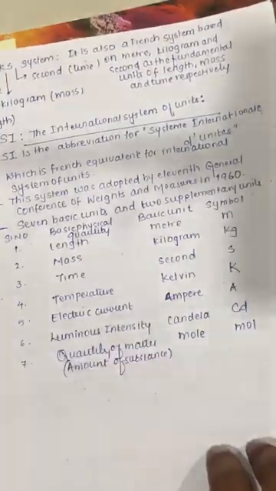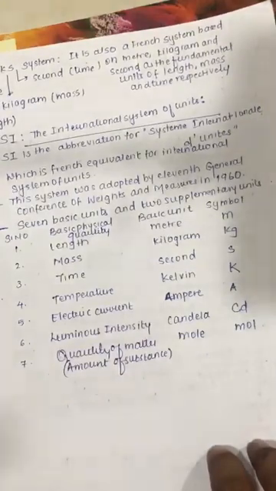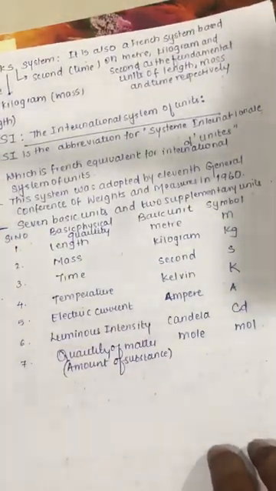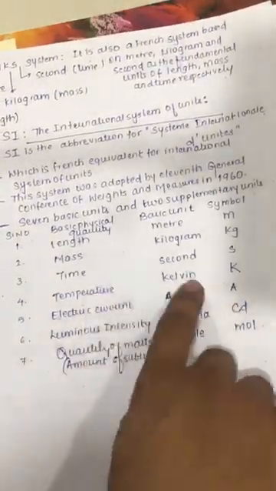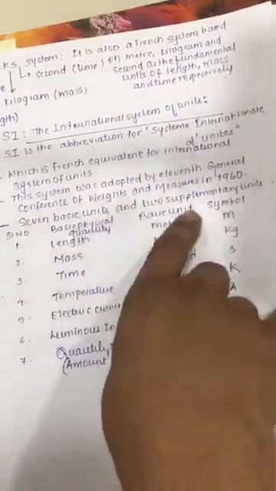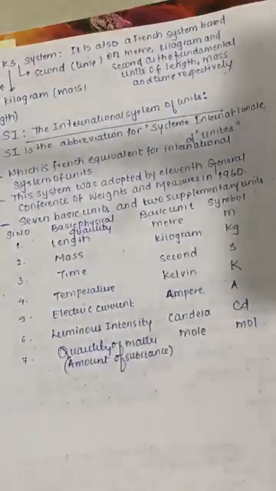Luminous intensity is nothing but the amount of light falling on a particular area. Candela CD, electric current ampere A, temperature Kelvin K, time second S, mass kilogram kg, and length meter m. Clear?